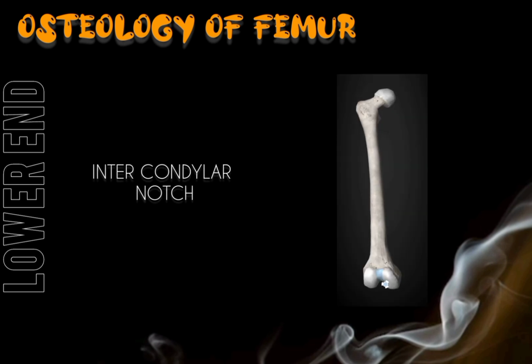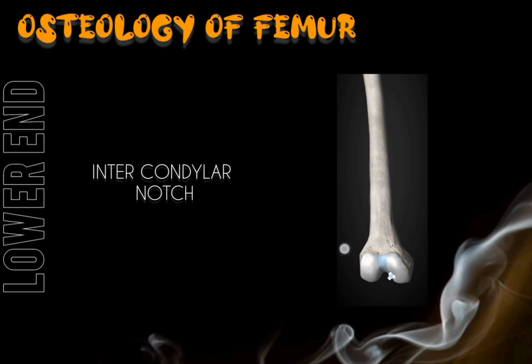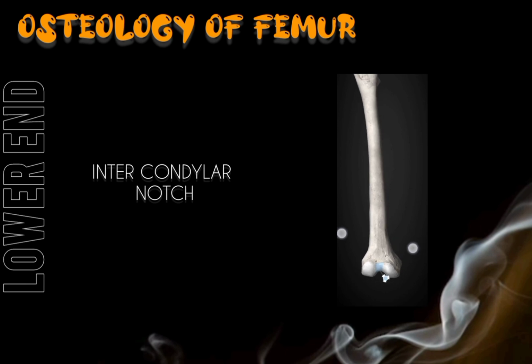And if we take a look over here, this is the intercondylar fossa or the intercondylar notch. This notch separates the lower and the posterior parts of the two condyles. It is limited anteriorly by the patellar surface and posteriorly by the intercondylar line, which separates the notch from the posterior surface.